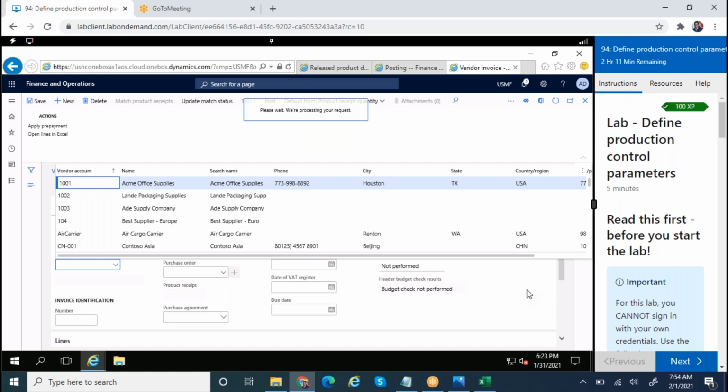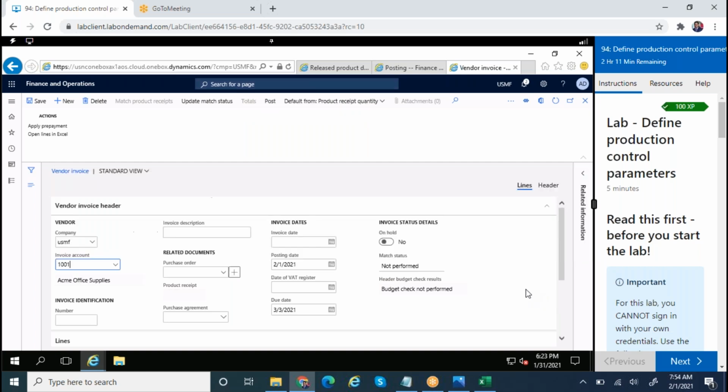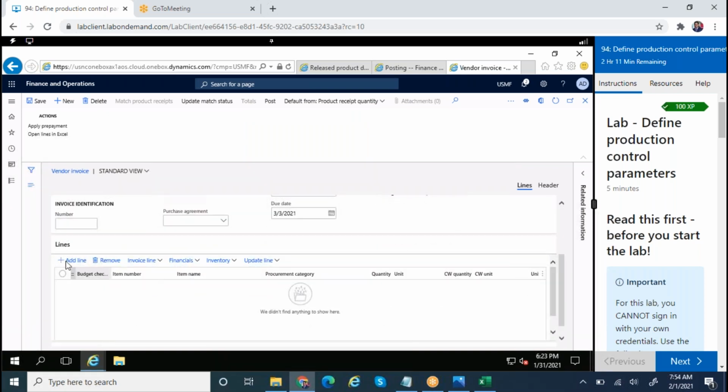This is the pending vendor invoice form. If you click lines, this is a new form which you are looking at for the first time. Actually, during purchase order invoice also the same form will be opened.